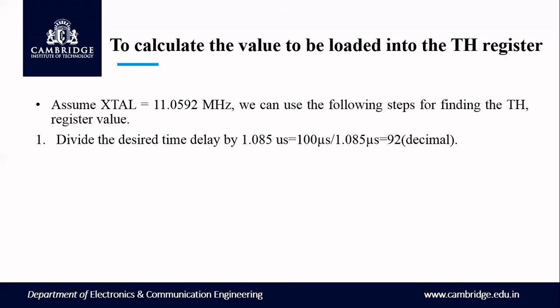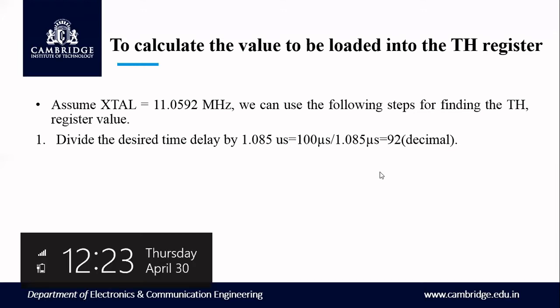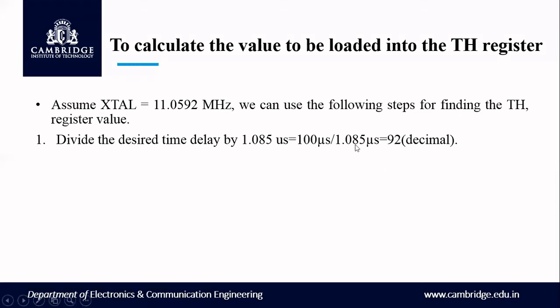To calculate the TH value for a 100 microsecond delay, we divide by 1.085 microseconds to get the number of counts. This count times 1.085 microseconds, the timer time period, gives the desired delay.